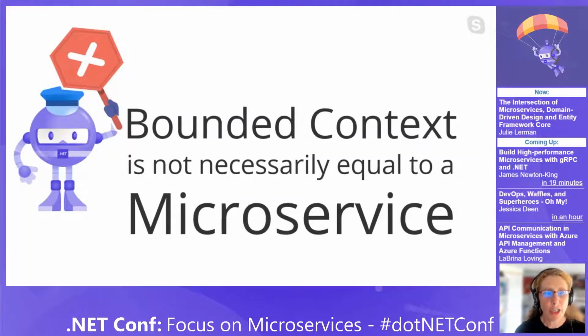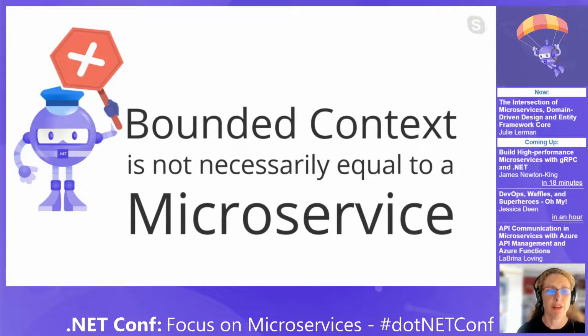So before I go further, and this is a huge topic, I just want to make sure you're aware of it: when I'm talking about DDD and bounded context and microservices, a lot of people make an assumption that a bounded context and a microservice are one and the same, that the boundaries around a bounded context equate to the boundaries around a microservice. And in some cases, in a lot of cases, that might be true, but there are definitely cases where that just doesn't make sense.